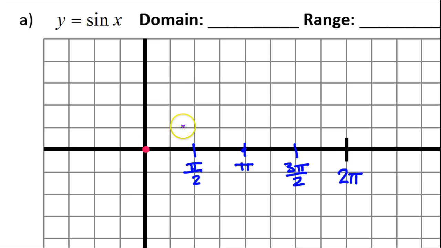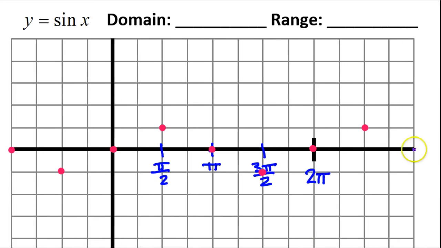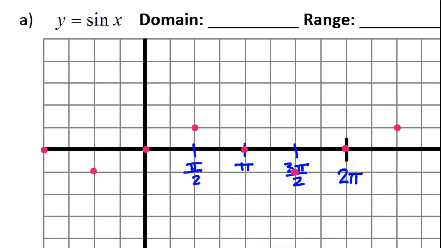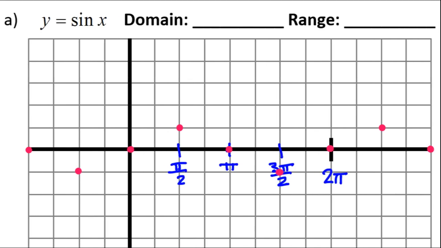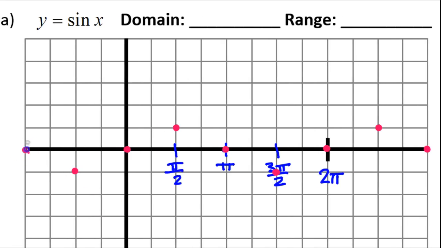So it starts from 0, it goes up 1, back to the midline, down 1, and back to the midline. And of course we could continue that pattern in both directions if I went down again and back to the midline, up again and back to the midline. Okay, so the graph should be looking like this.